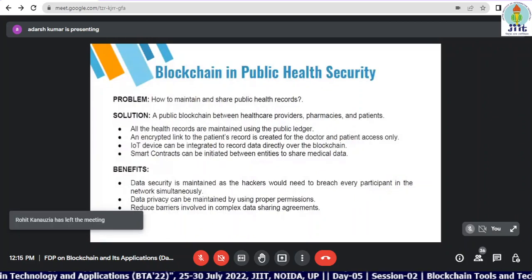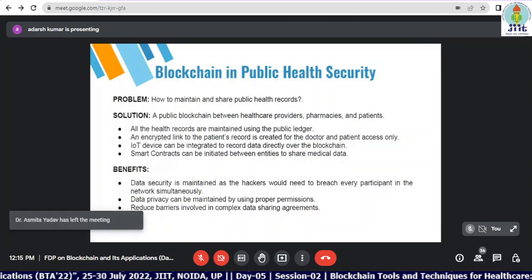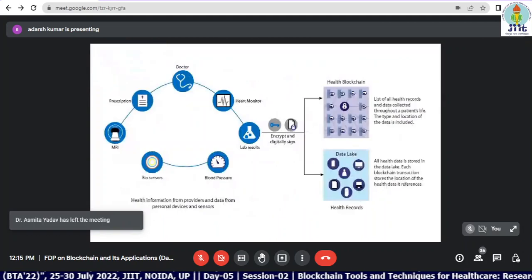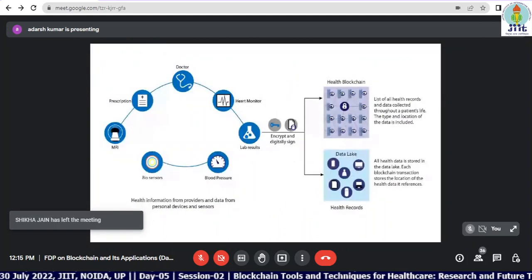So this is a brief about health records and their importance, and how we can integrate blockchain in health records. This diagram will give you more clarity. If there is a patient and you need the data of the patient, you can collect the data from multiple places.